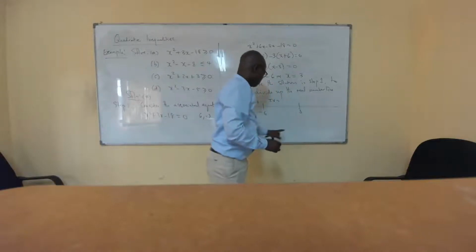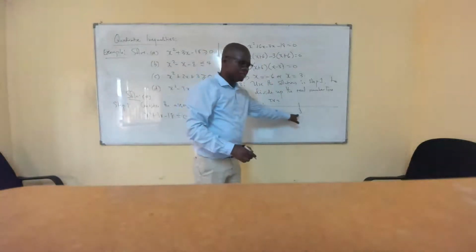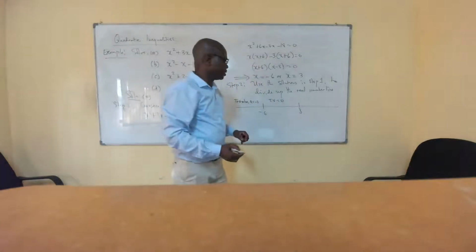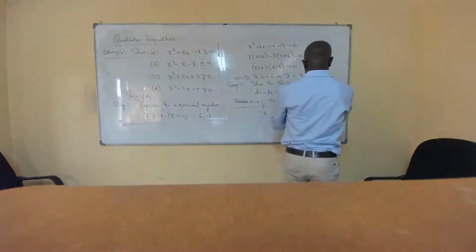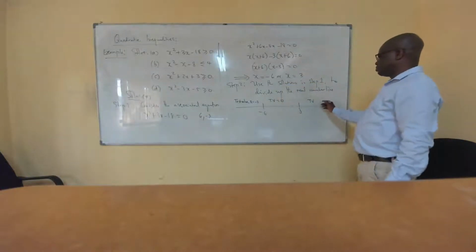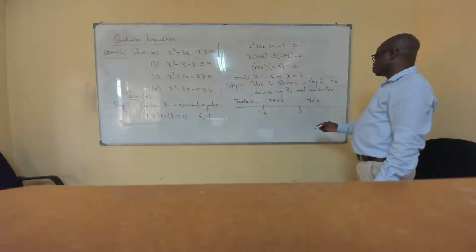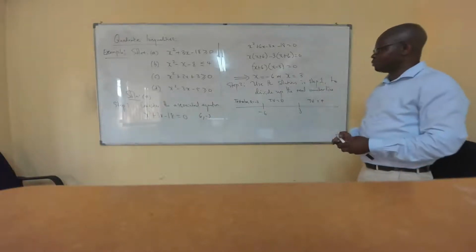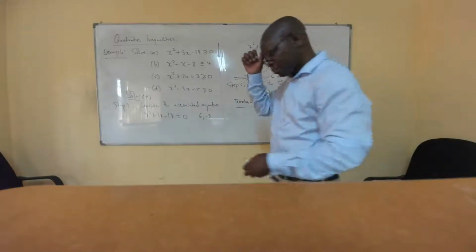Between minus 6 and 3, I conveniently pick 0. I could have picked 1 or so. Then to the right of 3, I can pick 4. I don't want to pick big numbers.